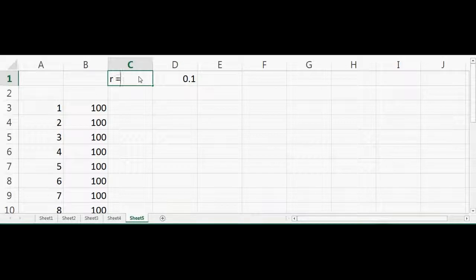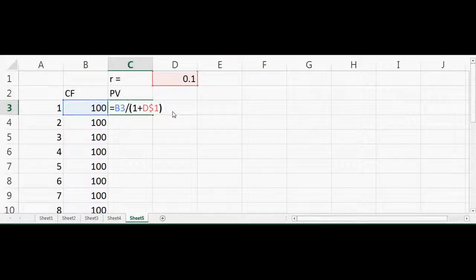So what I'll do is calculate the present value of each dollar amount. This was the cash flow, and then we have a present value. Present value will be equal to 100 divided by 1 plus R. I'll put a dollar sign here so that if I drag this cell down, it will not change the R. And then I take the power with the year of the payment.